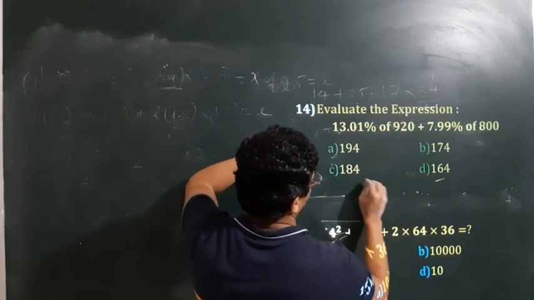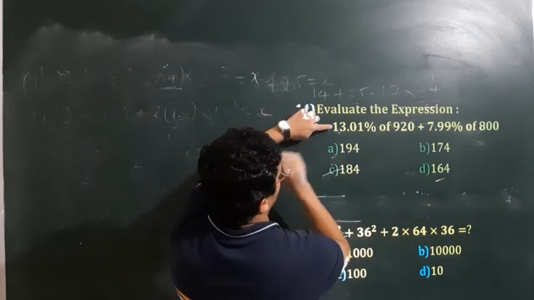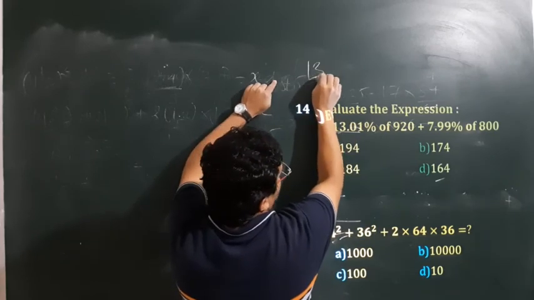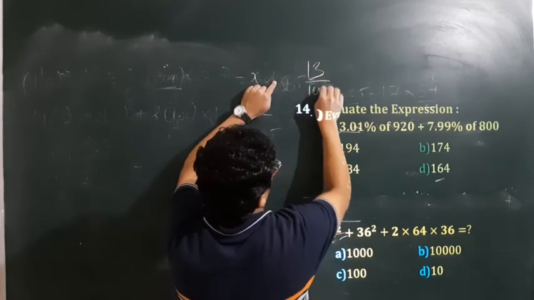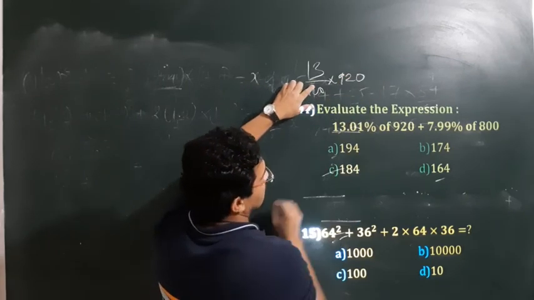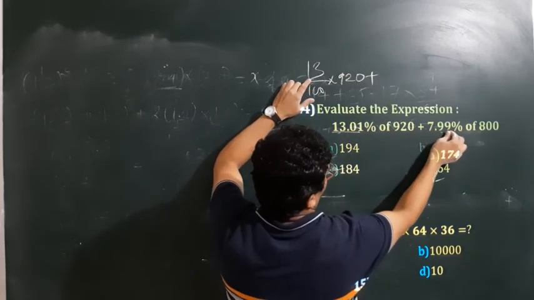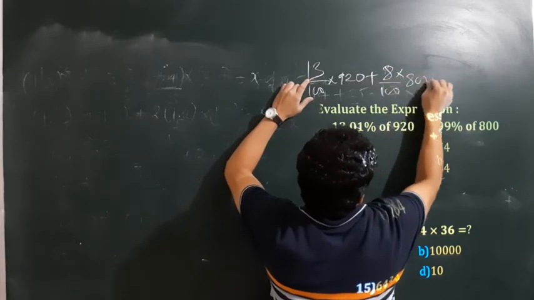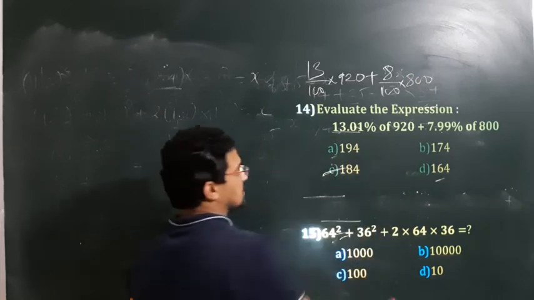So here you will get, I think, 184. How to solve? 13% of 0.1. Forget about this. Take the 13% of 920. That means 13 by 100 multiplied by 920. This is what you have to write down. Plus 7.99%, that means 8% of 800. Solve this, you will get this answer.